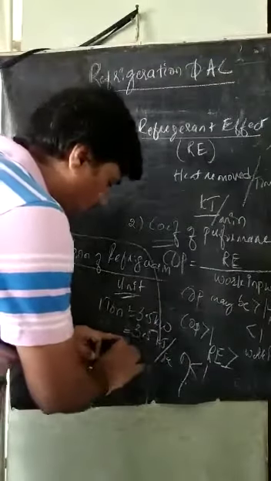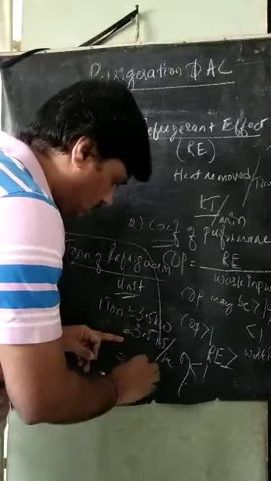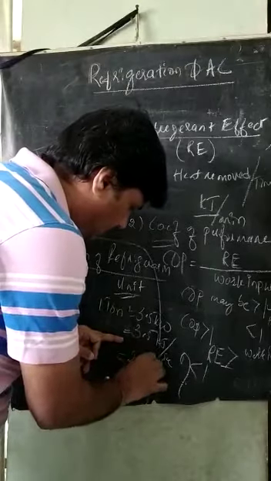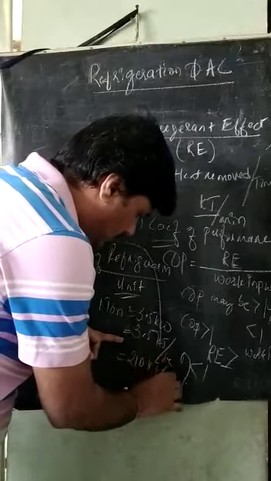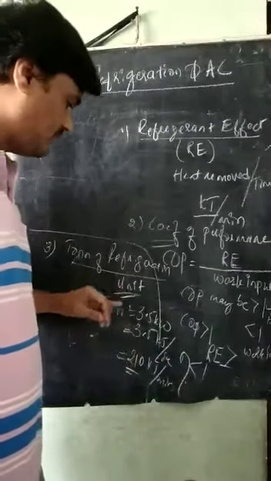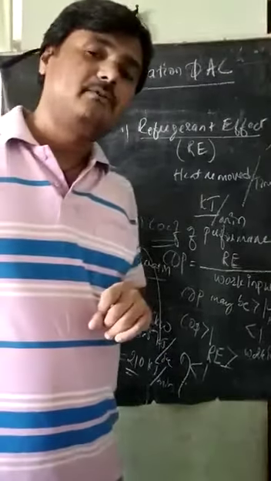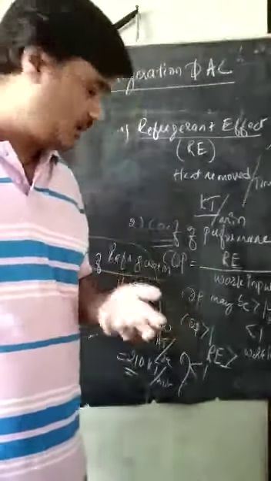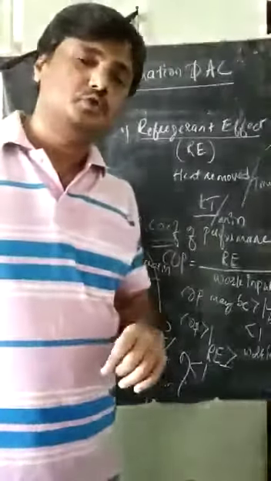This is also equal to 210 kilojoule per minute. So 1 ton of refrigeration is equal to 3.5 kilowatt, or kilojoule per second, or else 210 kilojoule per minute.